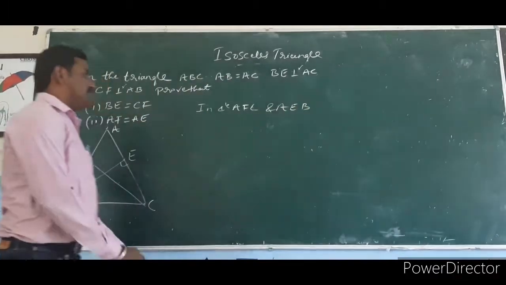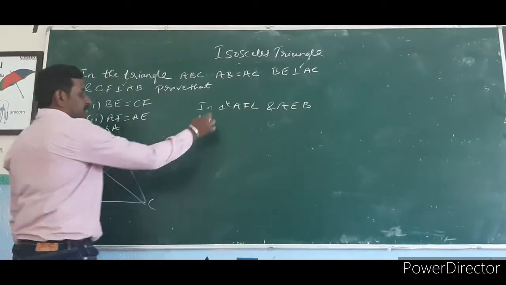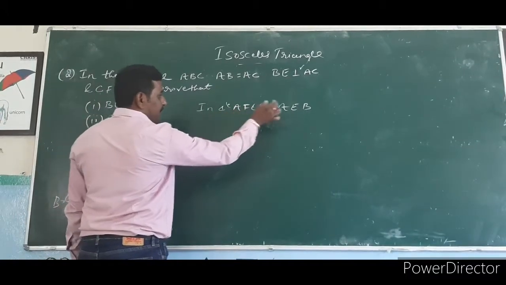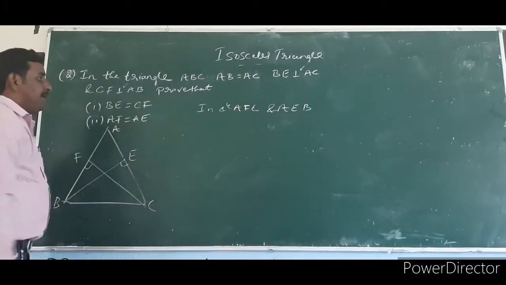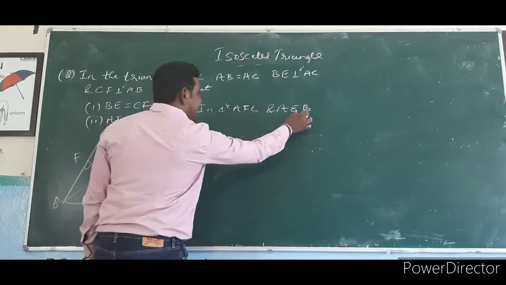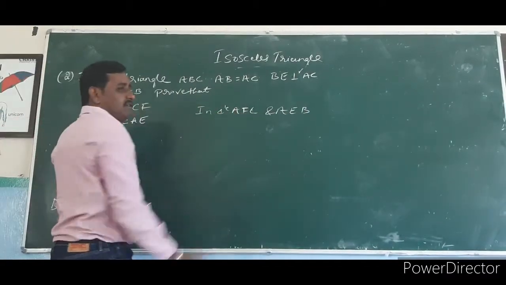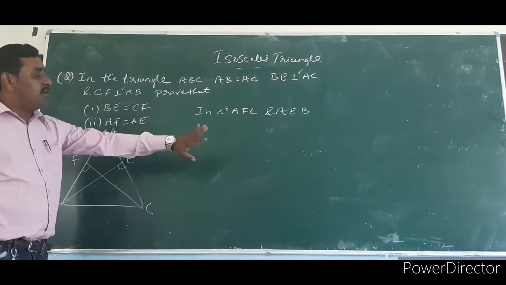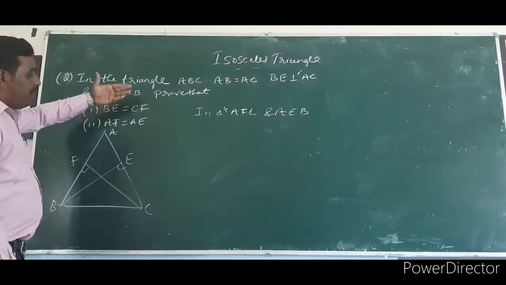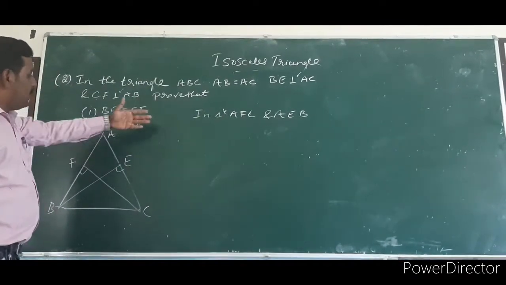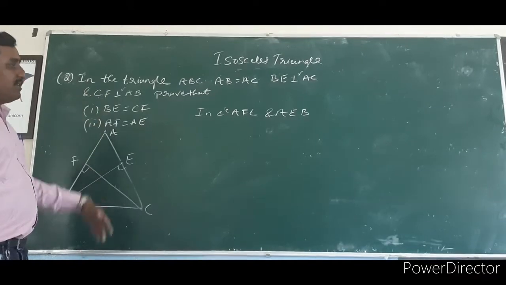If you prove these two triangles are congruent, then very easily we can prove that AF is equal to AE and BE is equal to CF, by CPCT.